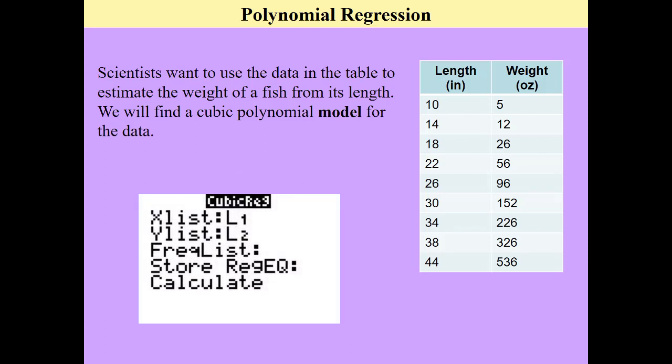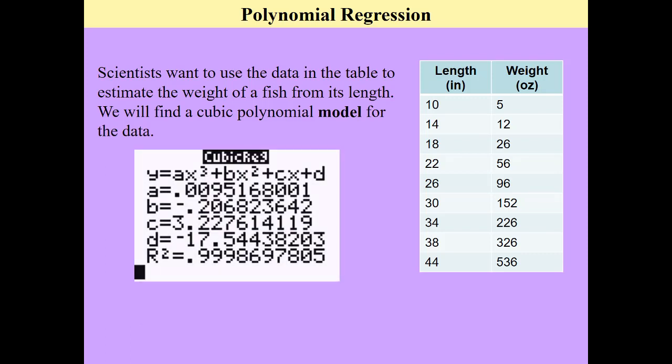Now from here we want to just verify that L1 and L2 is where we indeed did type our data, and then just push calculate. And this is what we see. Again, looking at the top line, it tells us we've got a third degree polynomial where the coefficient of the x cubed term is the a, that's listed just below it.